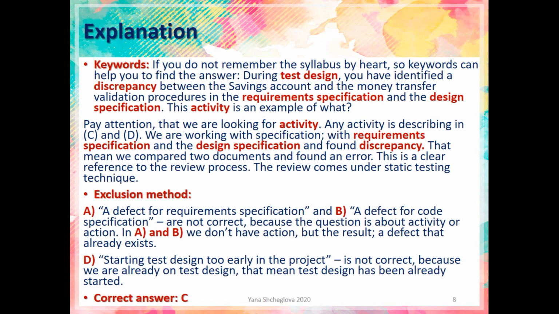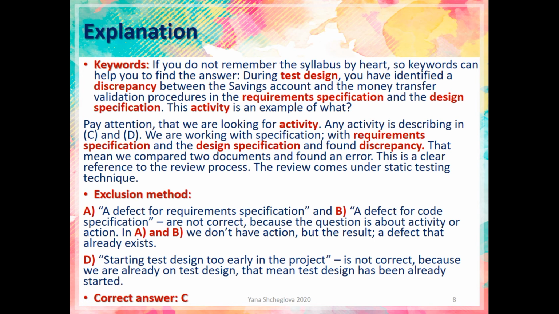So, if you do not remember the syllabus by heart, keywords can help you to find the answer. These are test design, discrepancy, requirement specification, design specification, activity. Pay attention that we are looking for activity because our question is about activity and not about the result.